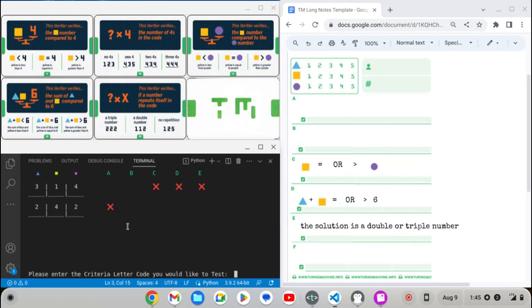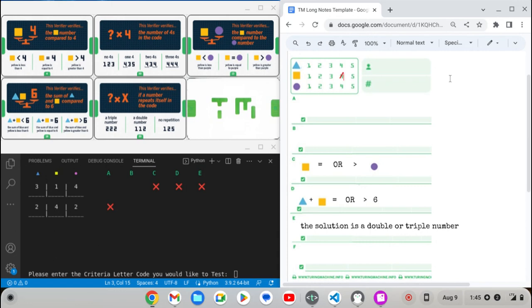Okay, so we know that it is not equal to 4. So either we have a square value that's less than 4 or greater than 4. Okay, so we can actually cross out the number 4 out of everything.